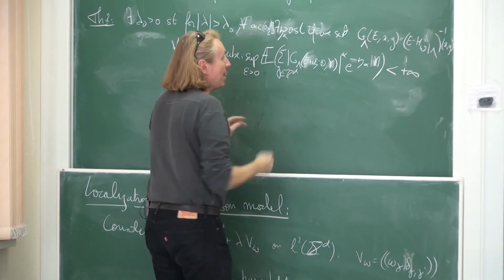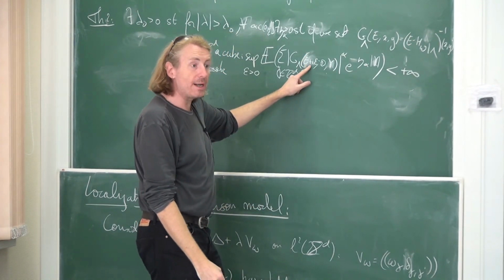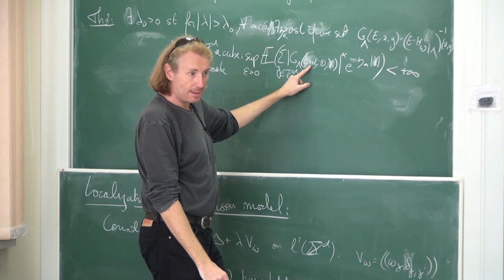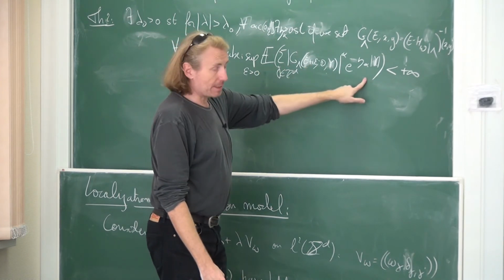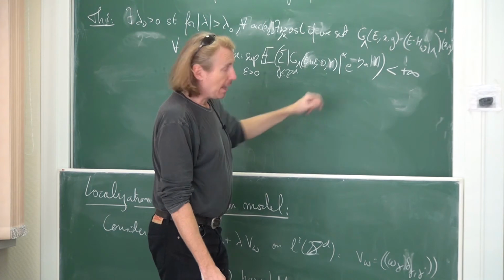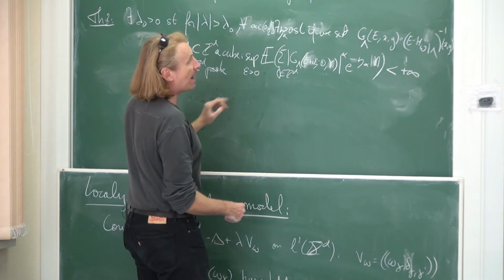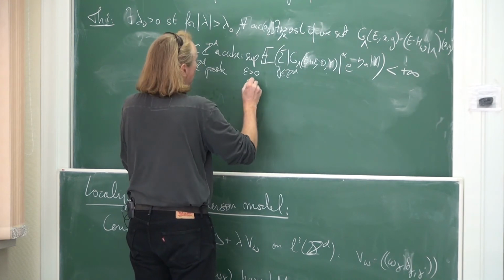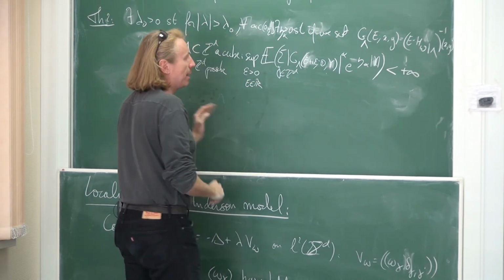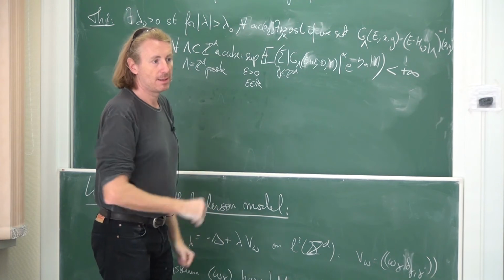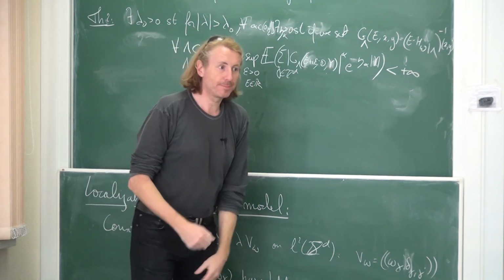So the resolvent is well defined because it's at a non-real energy, right? And I take the expectation of this, and I take the supremum over E, and I can actually take the supremum over energies in the real line. And this is finite.